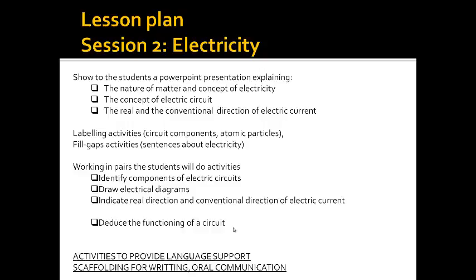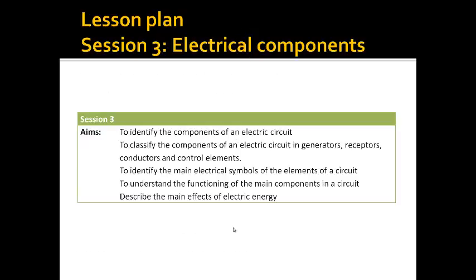Working in pairs, the students will do activities to learn to identify components of electric circuits, to draw electrical diagrams, and to indicate the real direction and the conventional direction of electric current. They will also do activities in which they have to deduce the functioning of a circuit under different circumstances.